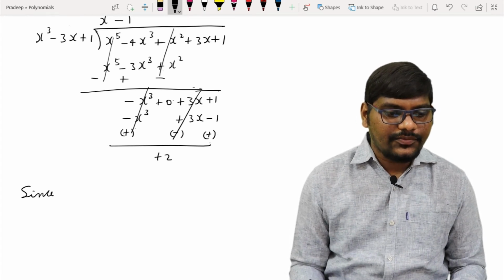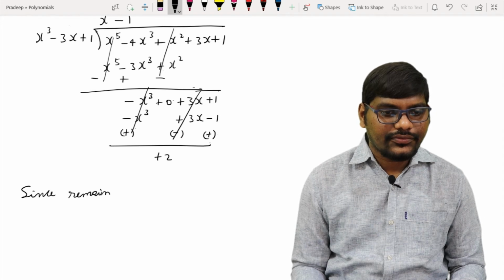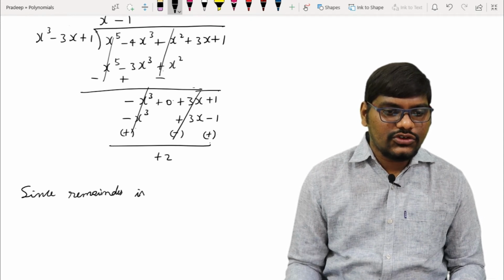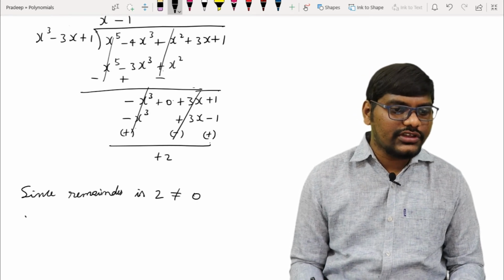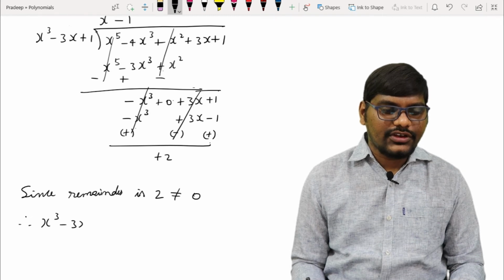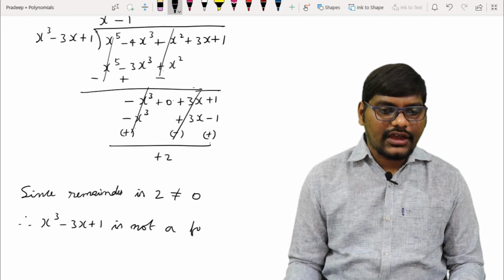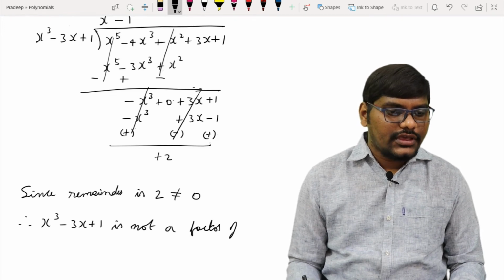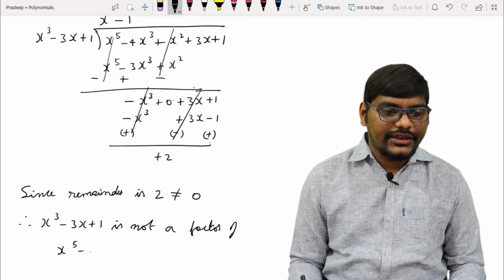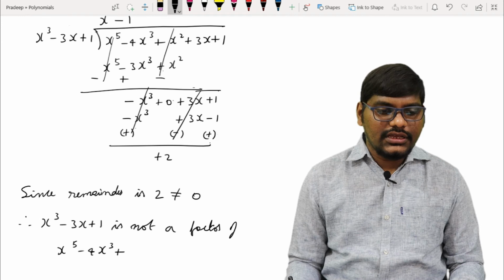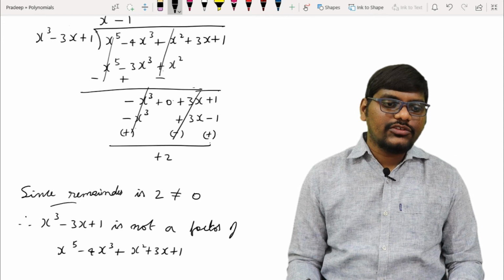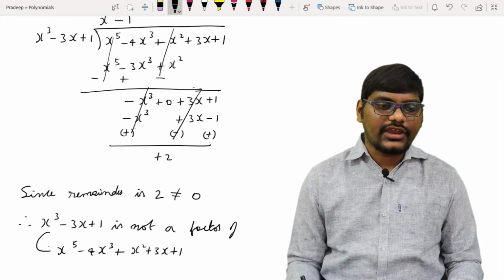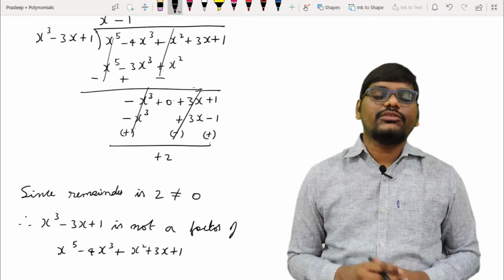Since the remainder is 2, which is not equal to 0, therefore x power 3 minus 3x plus 1 is not a factor of x power 5 minus 4x power 3 plus x square plus 3x plus 1. This particular polynomial is not a factor of the second polynomial. That is what we got in this question.